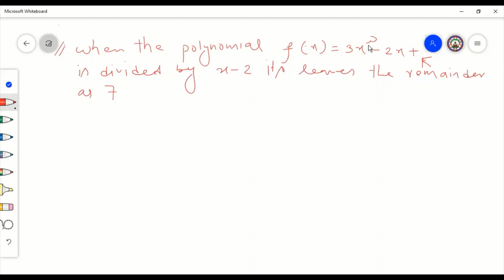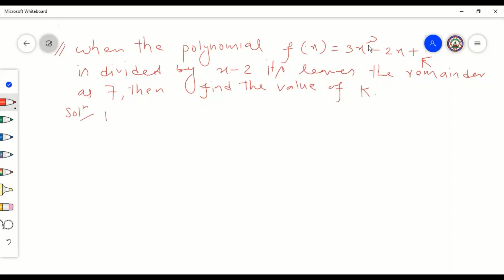Then find the value of k. This is the question. Now we find the value of k by using the remainder theorem. In this case, you are given one polynomial.